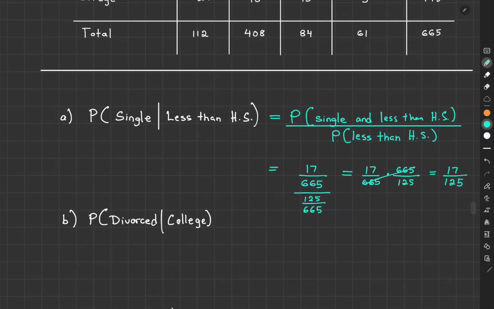The next example is the probability that someone is divorced given that they went to college. So on top, we've got the probability that a person is divorced and went to college. On the bottom, we've got the probability that someone has gone to college.